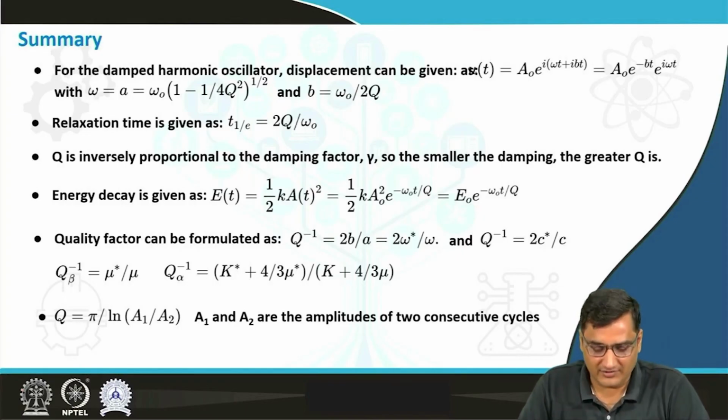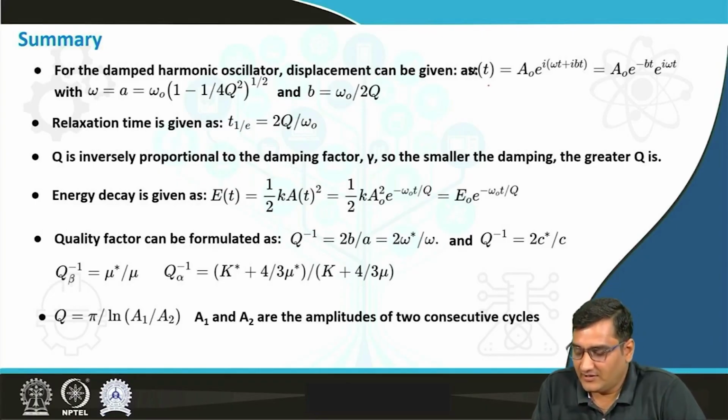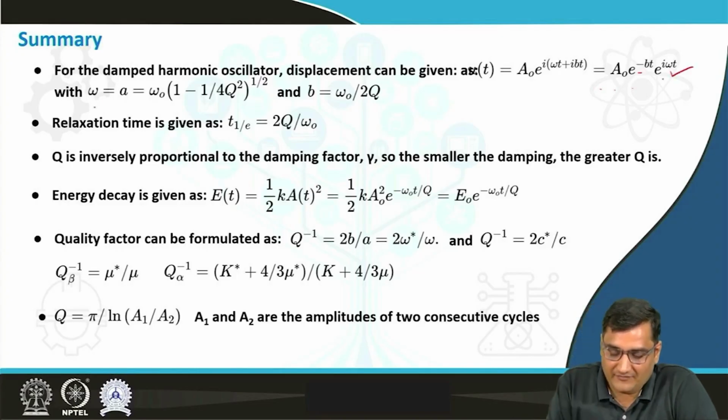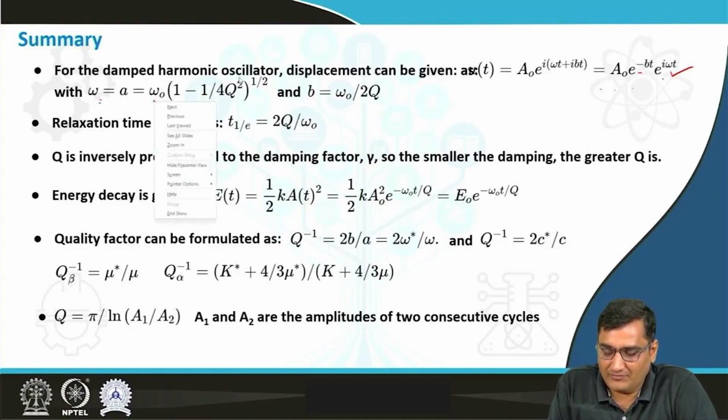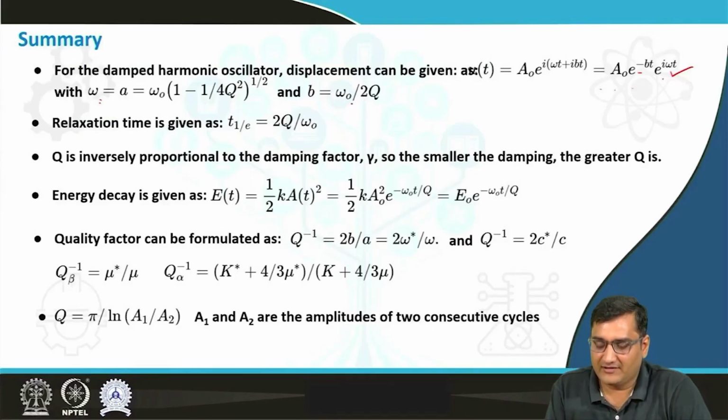What we have learned today is, for the damped harmonic oscillator, the displacement can be given as u(t) equal to A naught e to the power i(omega t plus bt), that is equal to A naught e to the power minus bt e to the power i omega t, with omega equal to omega naught square root of 1 minus 1 by 4Q squared, and b equal to omega naught by 2Q.